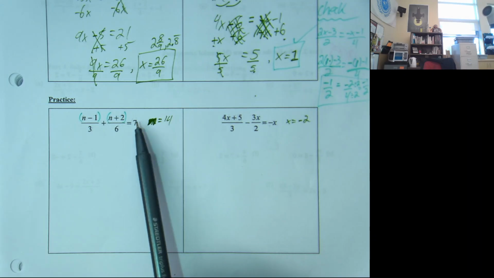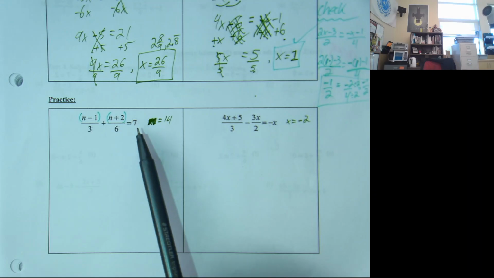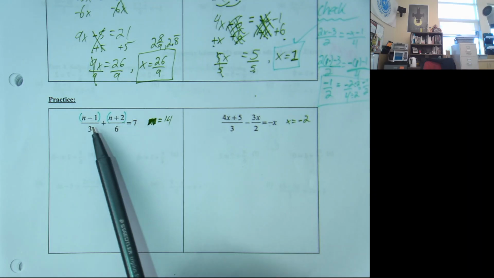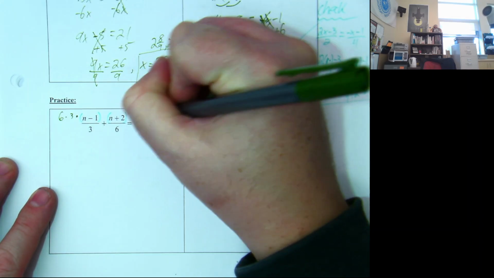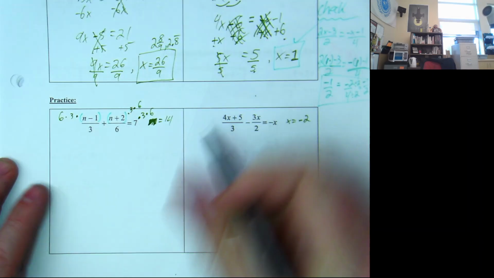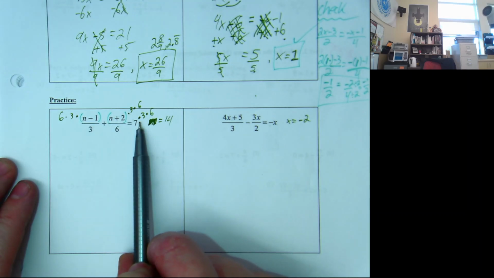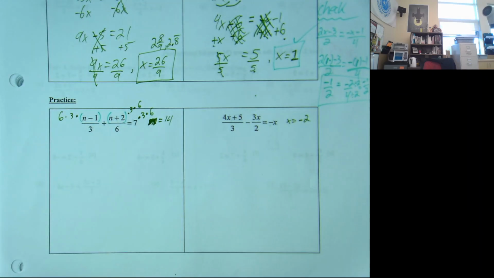It was the same thing in my C block class this morning. You've got to be really, really deliberate. If you're multiplying by everything, multiply by 3, multiply by 6, multiply by 3, multiply by 6, and write it out on the last one as well. Each piece, both sides. That was the biggest issue I saw.